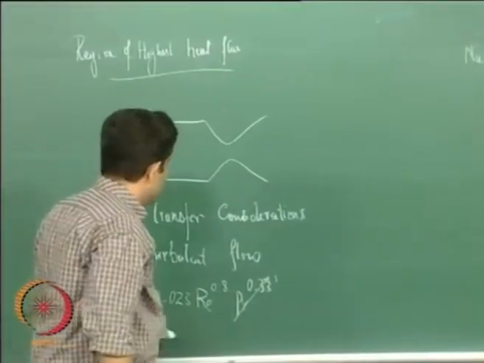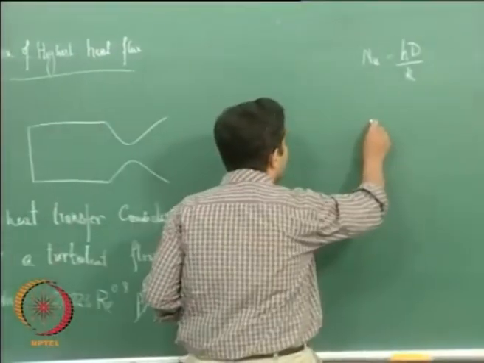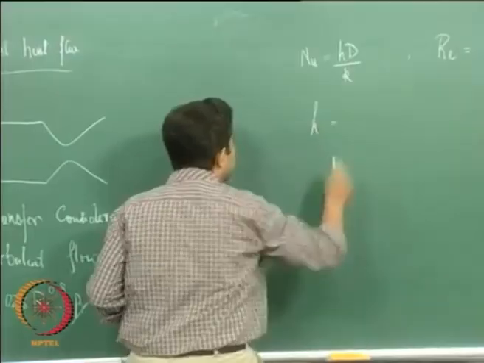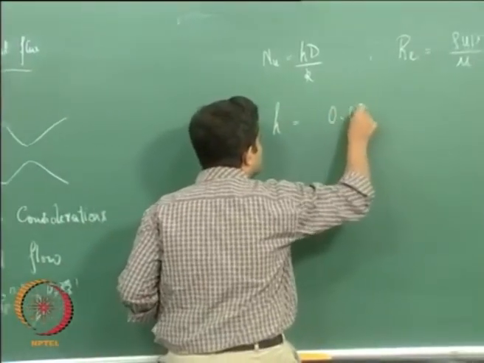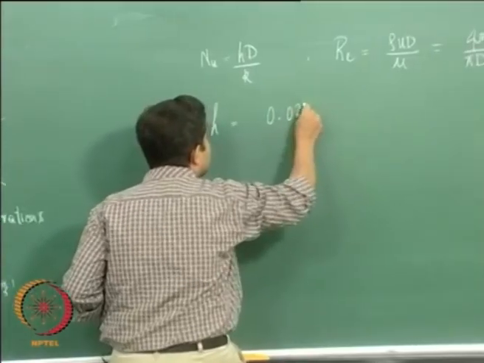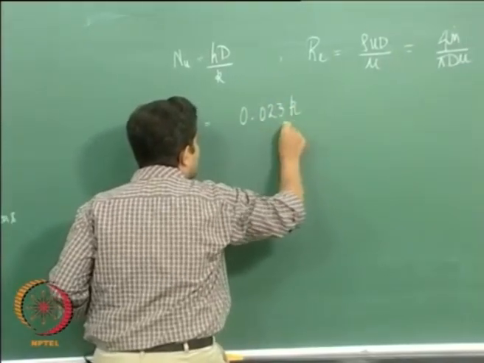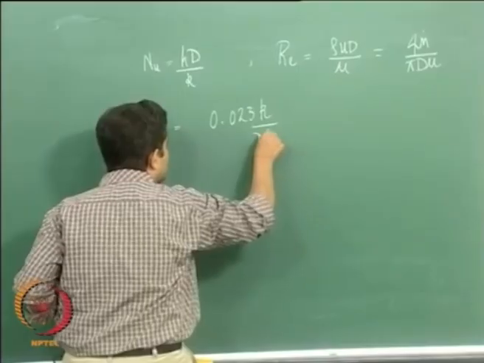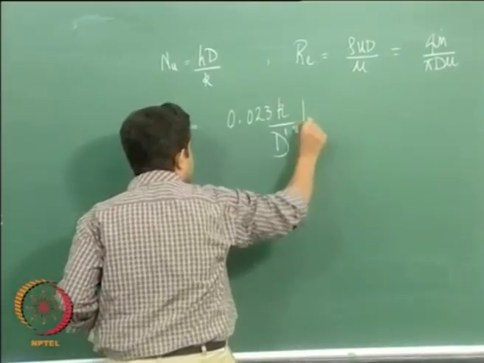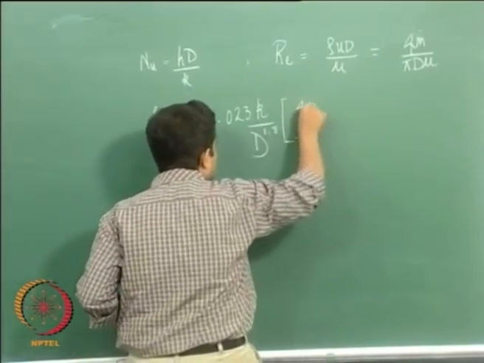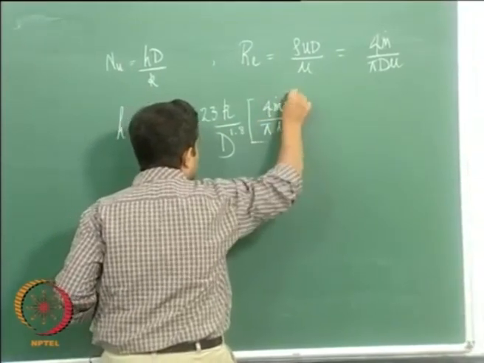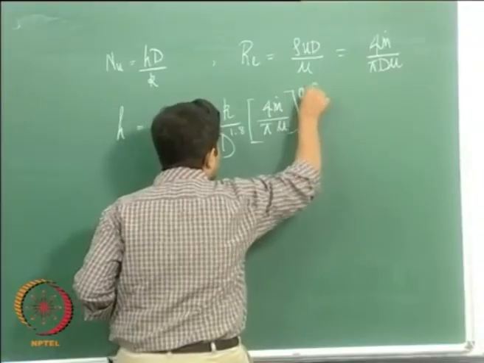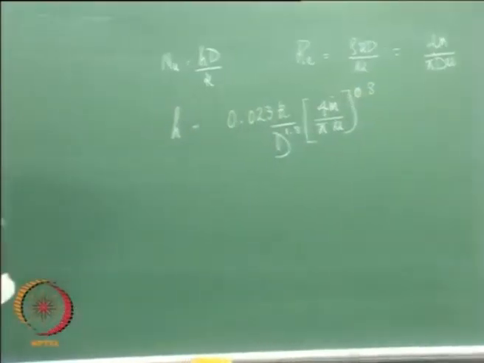So if you use this, then we can write h is equal to 0.023 okay.